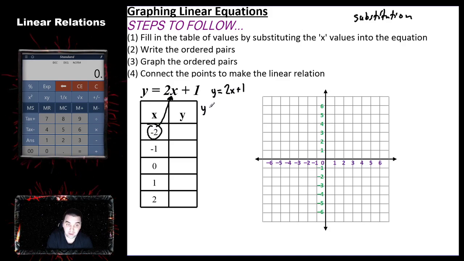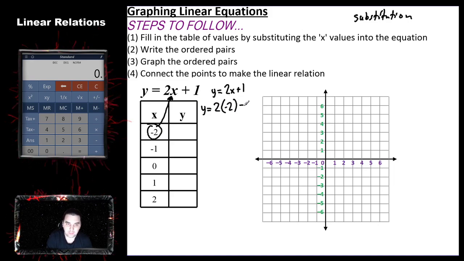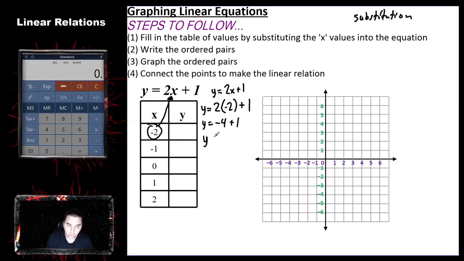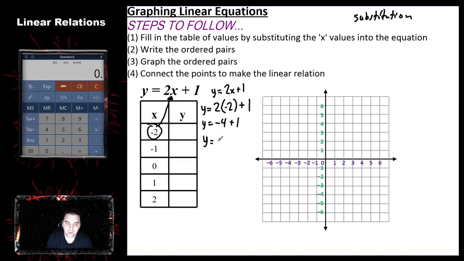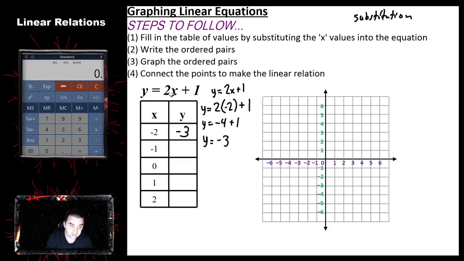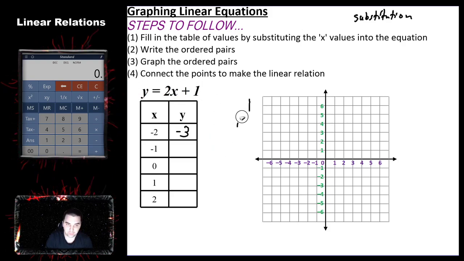It will become minus 2. So y is equal to 2 times minus 2 plus 1. Now I can solve for y. Y is equal to 2 times minus 2 is minus 4 plus 1. So y is equal to minus 4 plus 1 is minus 3. And we would just fill that in here. That's one test point. So what this means is whenever x is minus 2, then y would be minus 3.